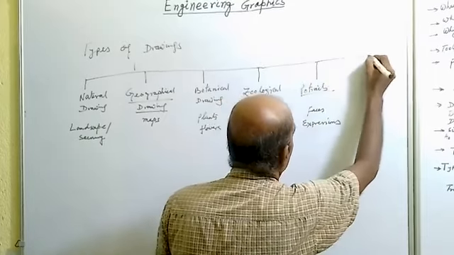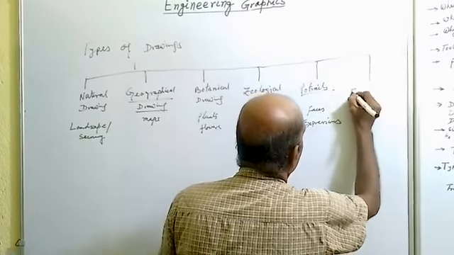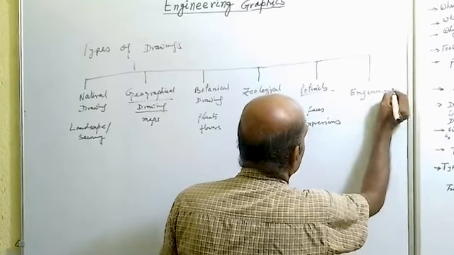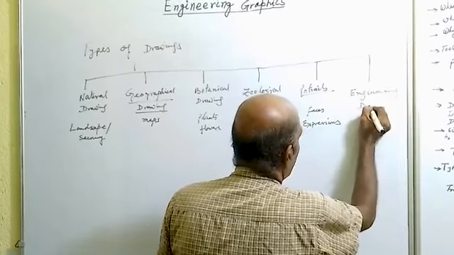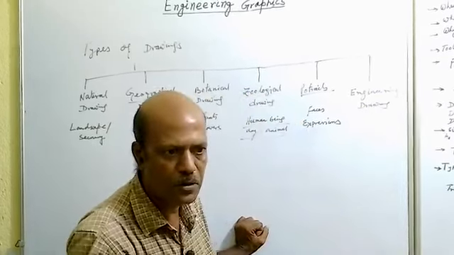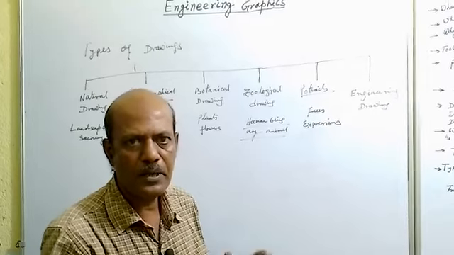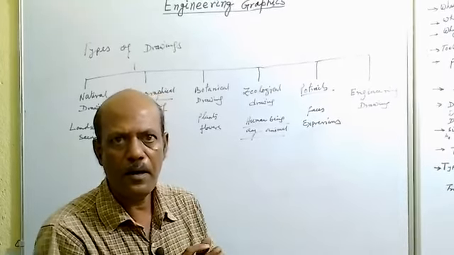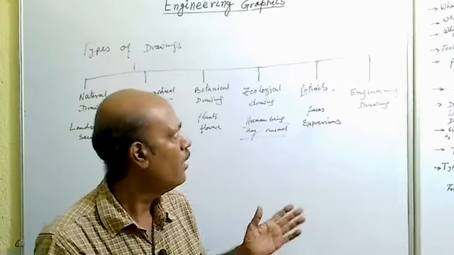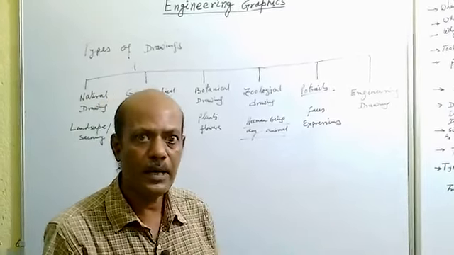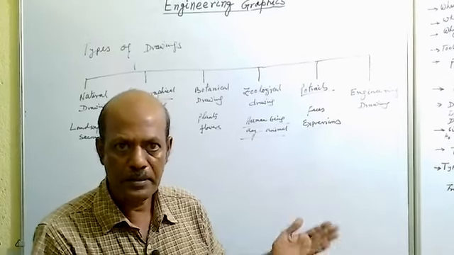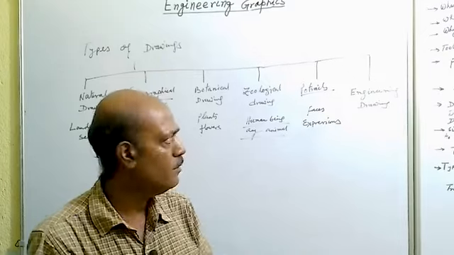And the last kind of drawing is called the engineering drawing. We have discussed what is engineering drawing. It is the presentation of an object on a sheet of paper as per its shape and size with the help of points, lines, curves and symbols.